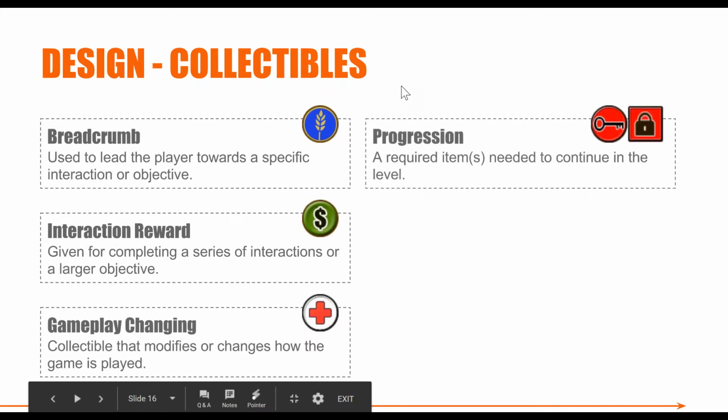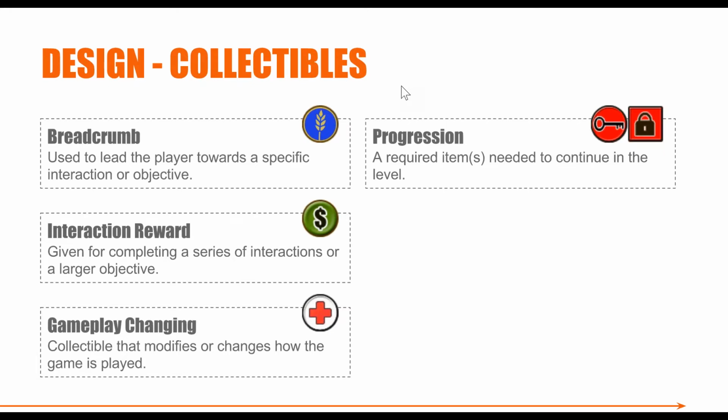All right, next is a progression-based collectible. Collect this item to proceed. Collect the power cell to open up the door. Collect the hand to attach it to the hand scanner and go on forward. Different things like that. On the flowchart and on the map, you'll see these symbols.